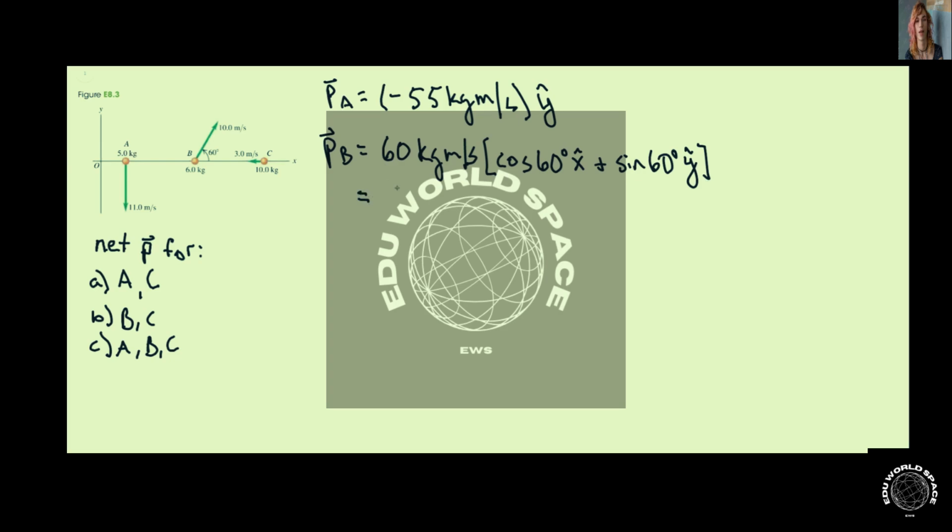And so you run all those numbers through and we get 30 kilogram meters per second in the x direction and 52 kilogram meters per second in the y direction.